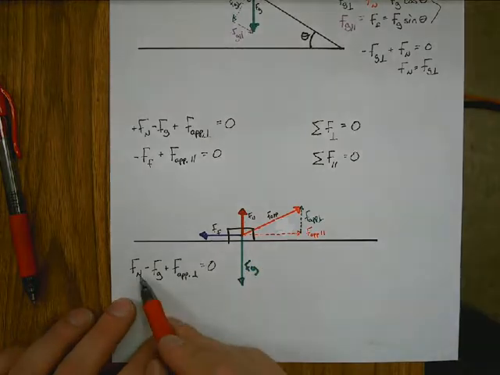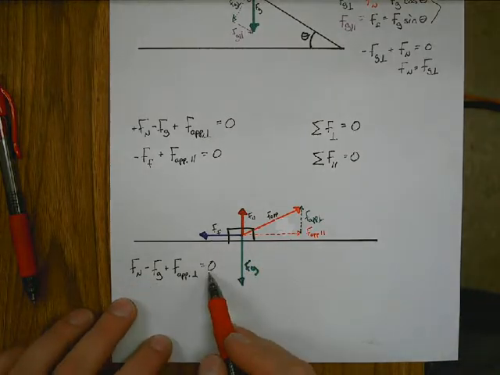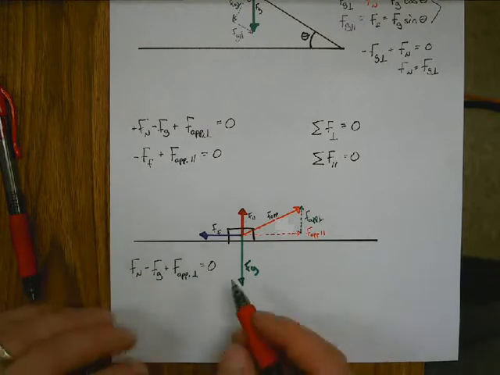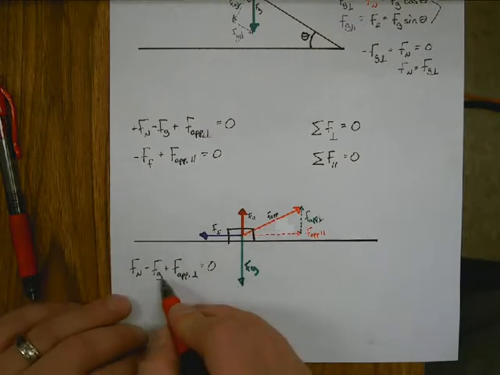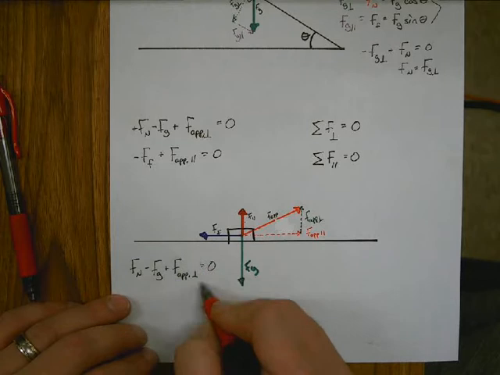To solve for my normal force, which I'm going to use to find my coefficient of friction, I have to start moving stuff over. So let's start with this force applied perpendicular. It's being added, so I'm going to subtract it from both sides.